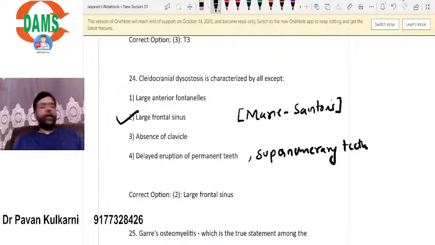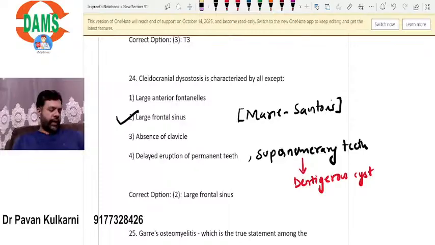Because of this, you tend to see multiple dentigerous cysts in cleidocranial disorder.